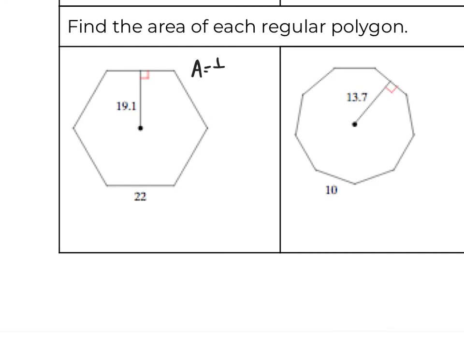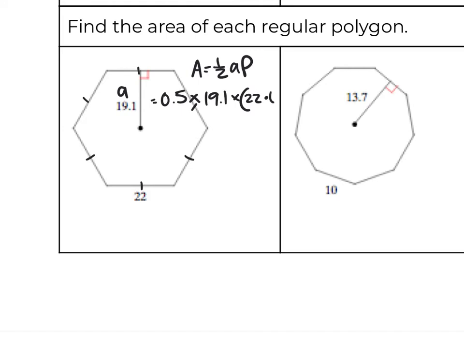A equals 1/2 the a capital P. So 1/2 I can make 0.5 times the apothem is 19.1. And then the perimeter, and I like to write this in parentheses just to kind of show you guys what I'm doing. So one side is 22, and this has 1, 2, 3, 4, 5, 6 sides.